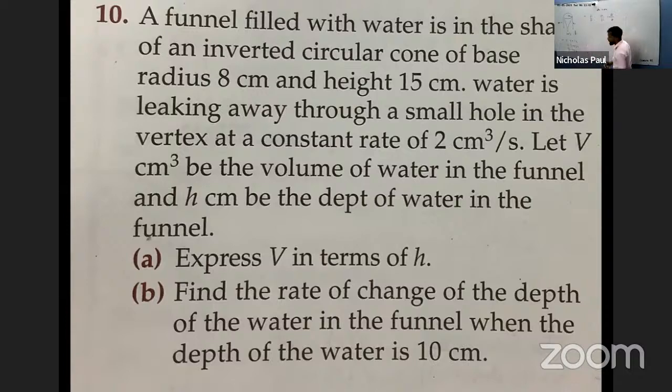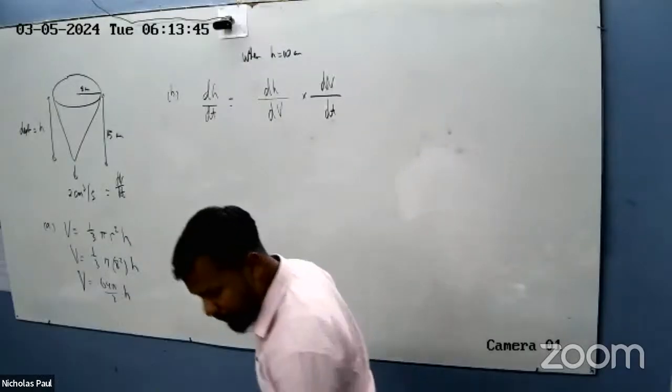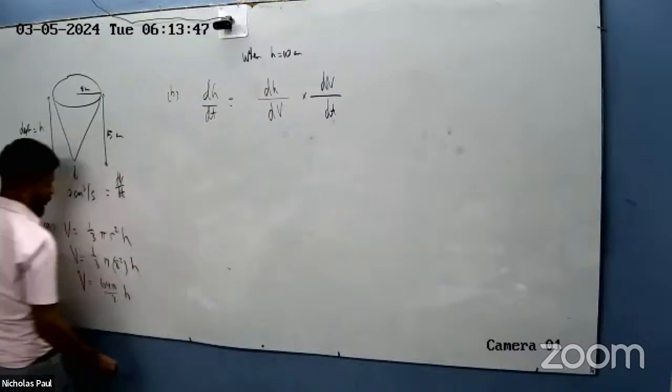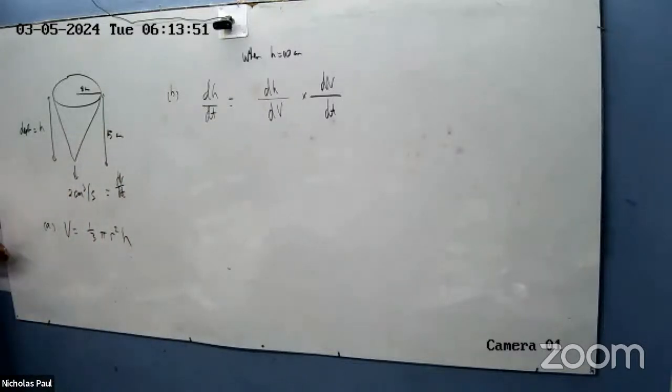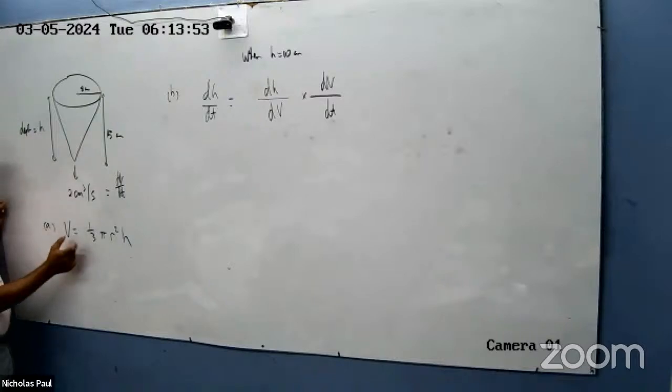going back to what I have on the board, right? Everything up until here is okay. But they want an equation for volume that will vary with depth.